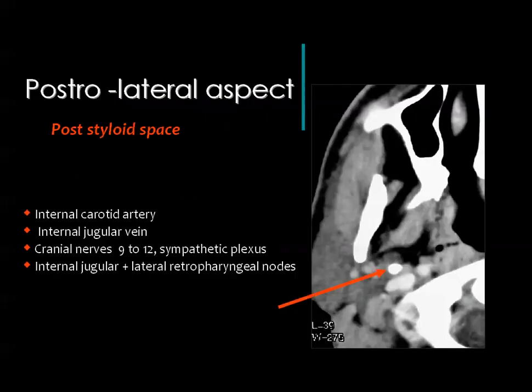Then we came to the posterior aspect or the posterolateral aspect, which is known as the post-styloid space where the carotid canal is present. And you should remember the anatomic structures because they will give rise to the pathology. The internal carotid artery, the internal jugular vein, the cranial nerves, and the lymph nodes.